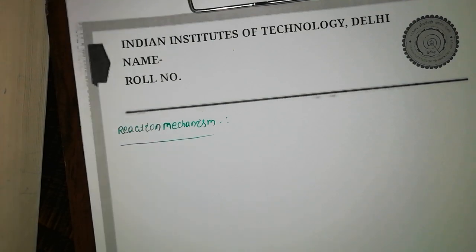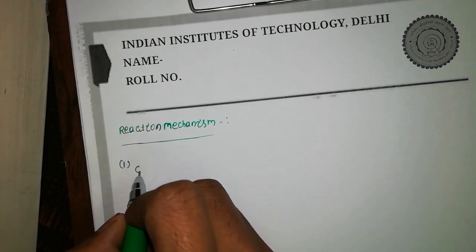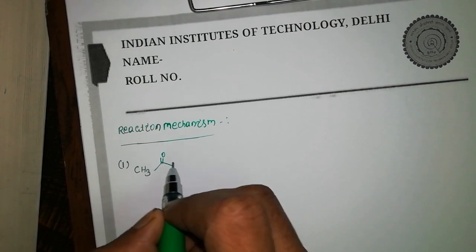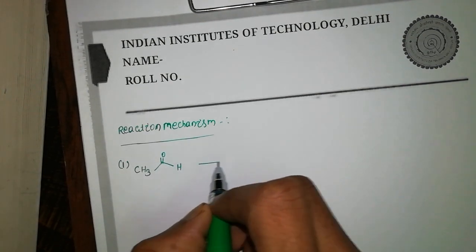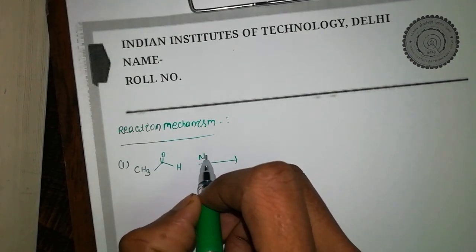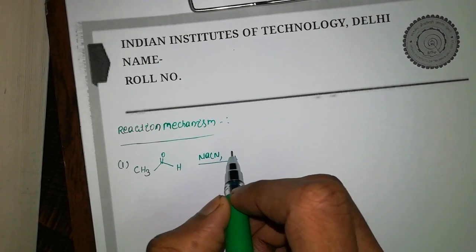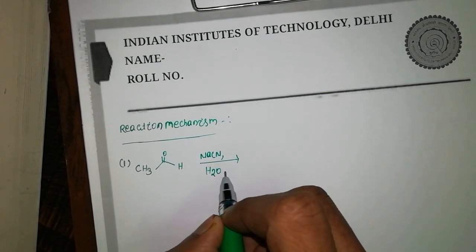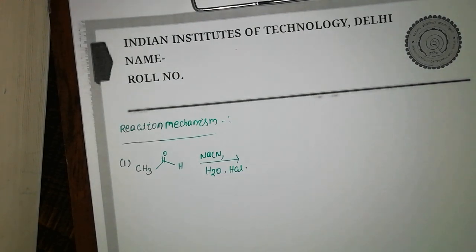So, our first problem is acetaldehyde in the presence of NaCN. Okay, so here is our problem.